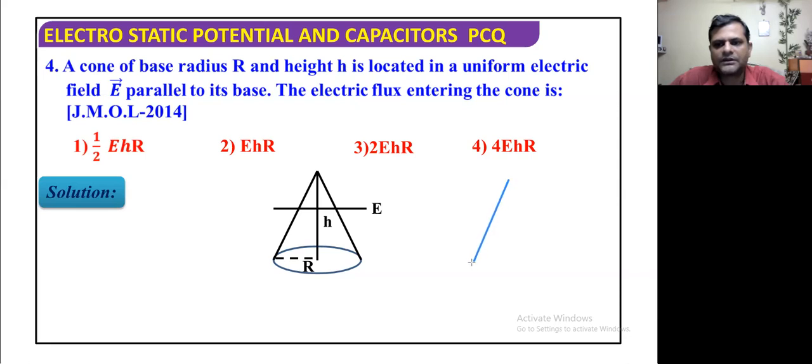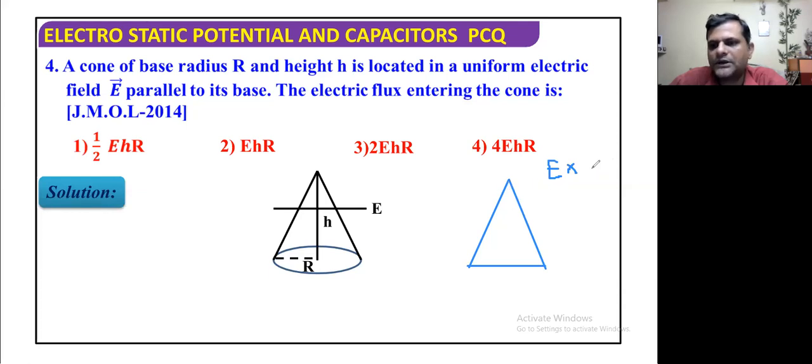This type of a triangle can be observed here, and this area of this triangle will actually be the projection of the area of this cone. तो ये पूरे कोन का जो एरिया है उसका प्रोजेक्शन ये ट्रायंगल का ही एरिया होगा. इसलिए इसमें से जाने वाला जो इलेक्ट्रिक फ्लक्स है वो निकालने के लिए हमको क्या करना पड़ेगा, simply we'll have to multiply the electric field intensity by the area of this triangle.